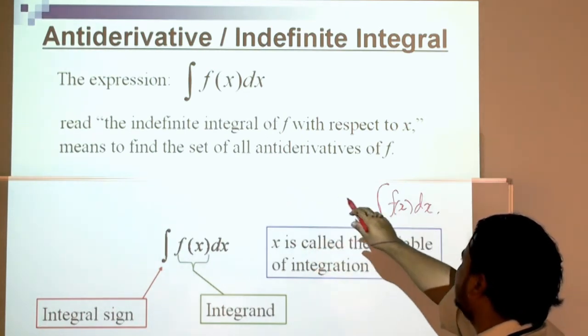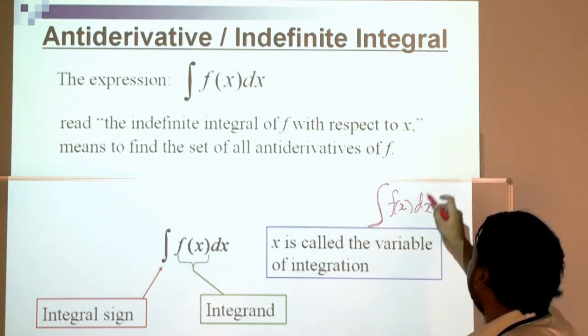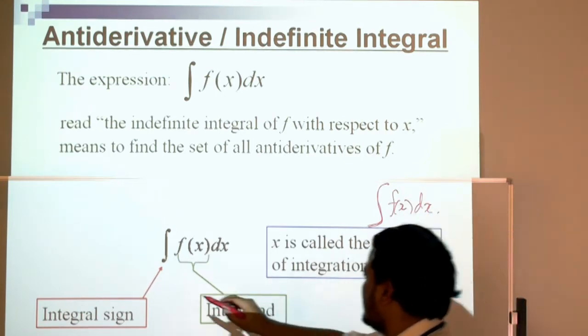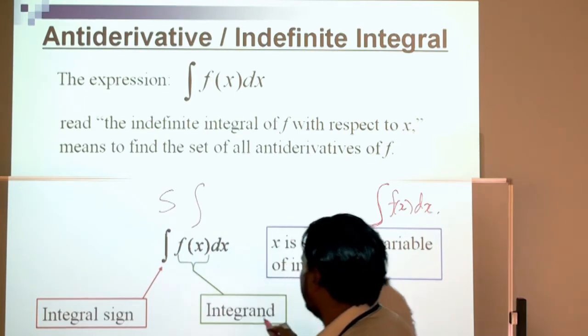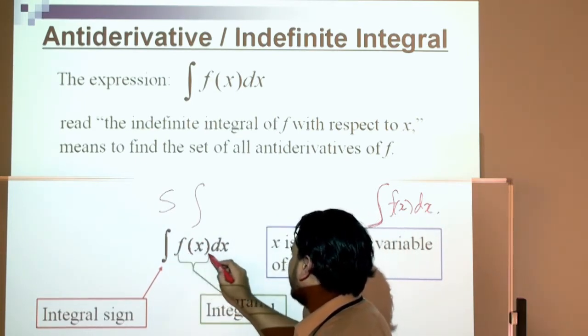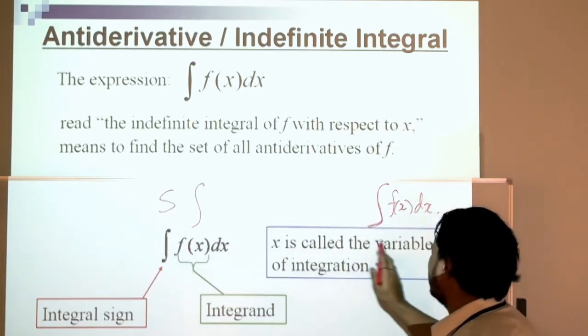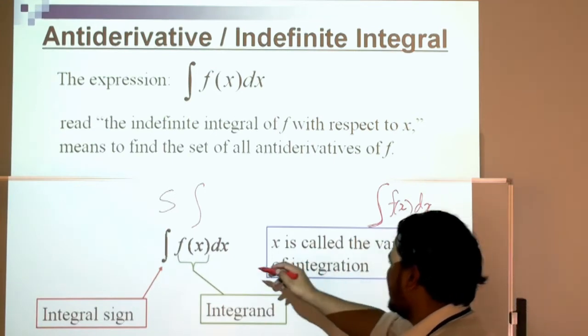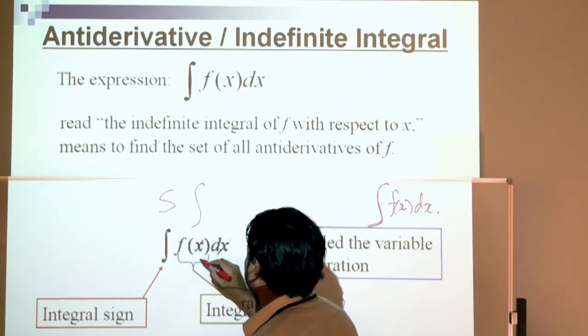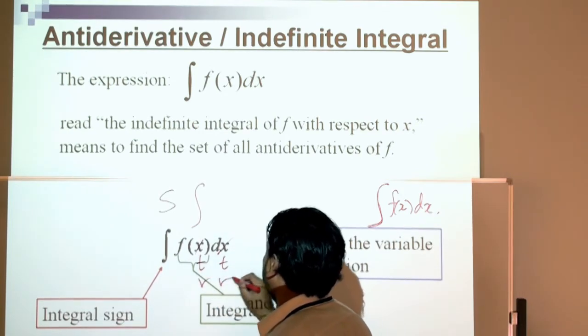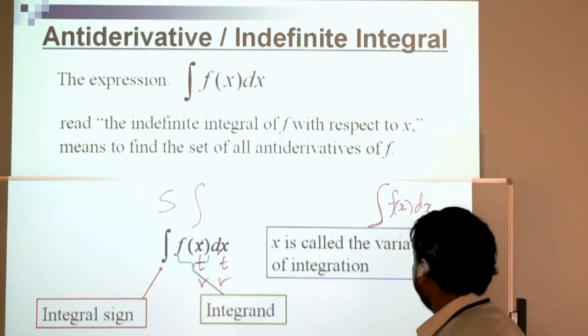It means to find the set of all antiderivatives of f. Here's the integral sign, a stretched out S. This is the integrand, the function here, and dx. X is called the variable of integration. Sometimes, instead of x, you can put a t or an r, any variable, any letter.